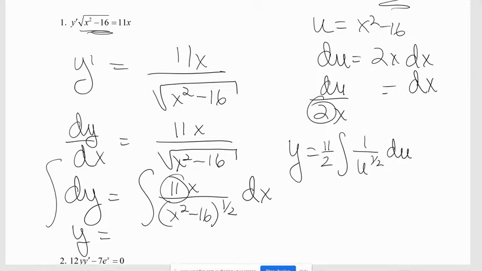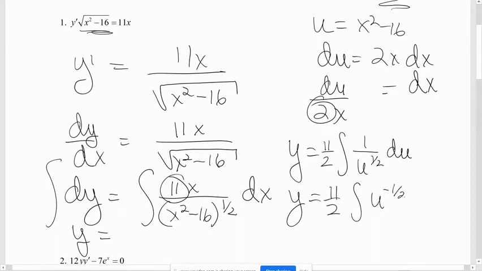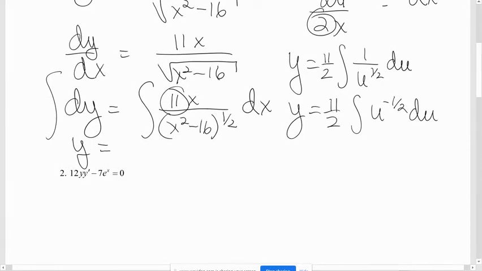All right, now that's no good either, so we'll change this to u to the negative 1/2 du. It's better. And then we'll add 1. So that's going to be y equals 11/2, and that's going to be u to the 1/2 over 1/2 plus a constant. All right.